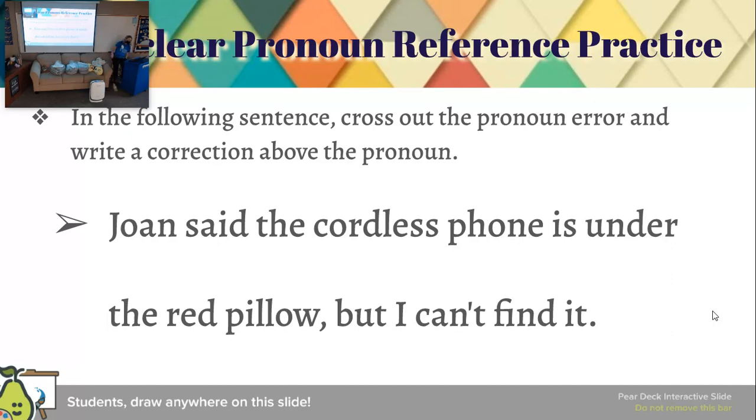Okay. You gotta find the pronoun error. Well, good news is there's only one pronoun in this sentence. So if you can identify your pronouns, you probably found the error. Where is the error?